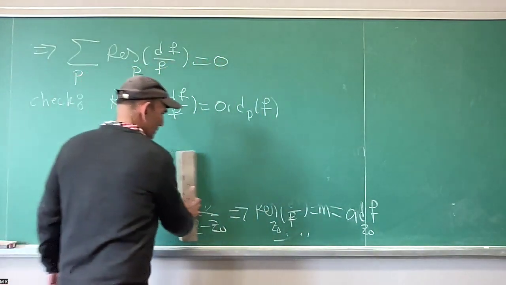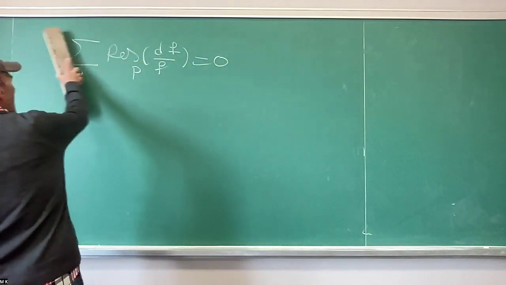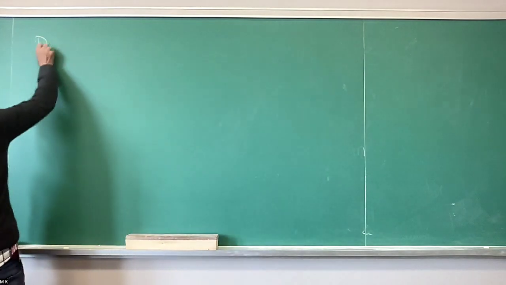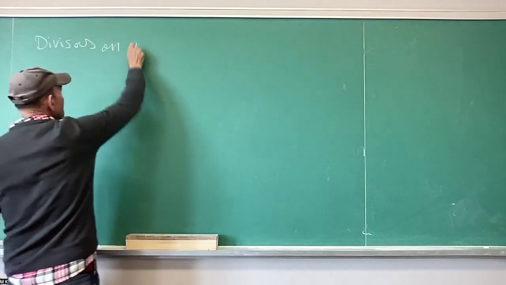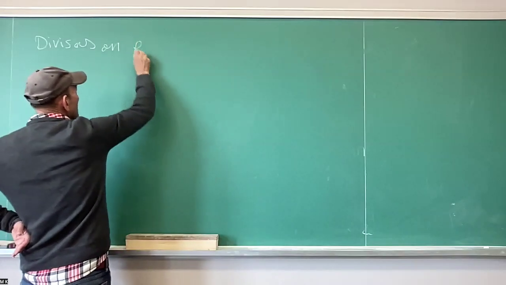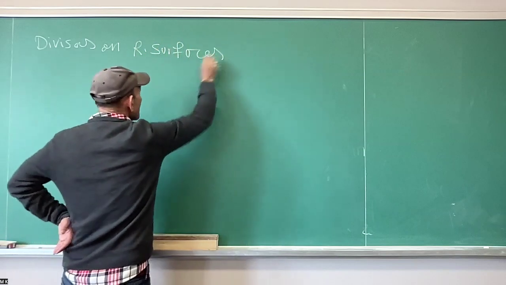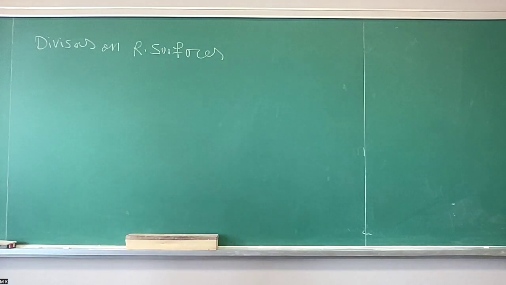So now another thing is divisors on Riemann surfaces. This theory can be done for non-compact Riemann surfaces, that's fine, but it's easier to do it first for the compact case.